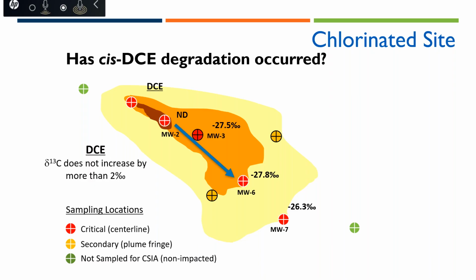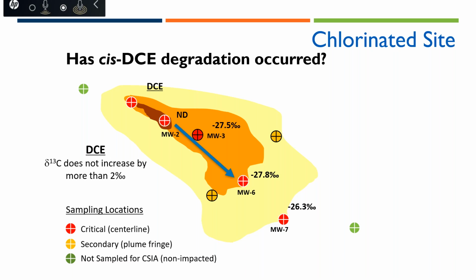If we look at daughter product formation, it can also help us to understand if that's biodegrading. So you can see in this one, if we look just south of or just below the source area in that MW3, our cis-DCE ratio is minus 27.5 delta value. And you can see as we move down gradient, that number really doesn't change very much.